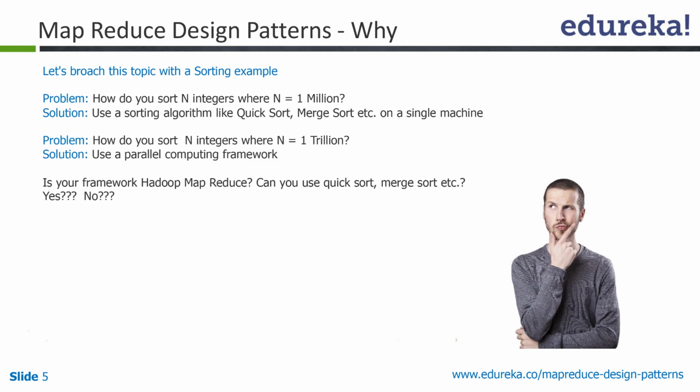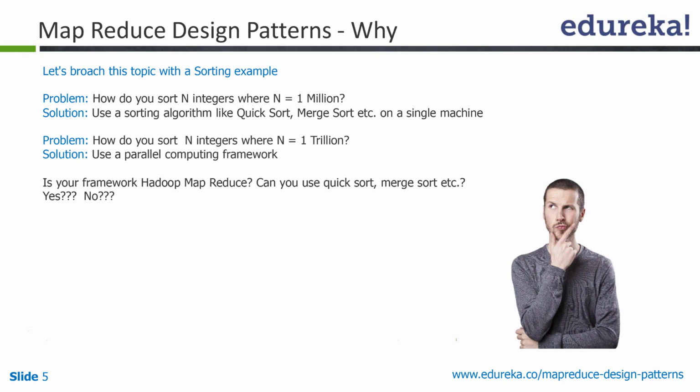Saying that it won't allow you is wrong, but any of these quick sort, merge sort algorithms will require an iterative processing of the data set. If you look at MapReduce as a framework, you start with the mapper, you reach the reducer, and that's it. So one iteration you do, your job is complete. So you have to look for innovative ways of using what this framework provides to be able to implement different standard algorithms on this framework.